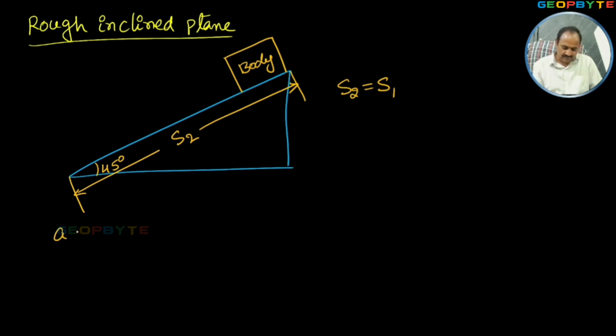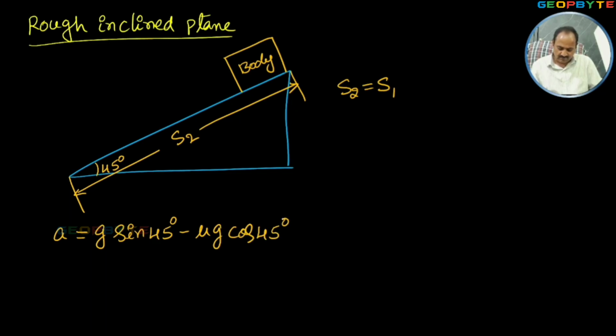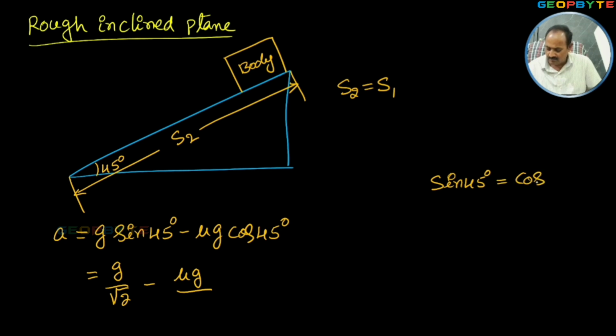For this inclined plane, the acceleration is a equals g sin 45 degrees minus mu g cos 45 degrees. So g by root 2 minus mu g by root 2, since sin 45 degrees and cos 45 degrees are both equal to 1 by root 2.